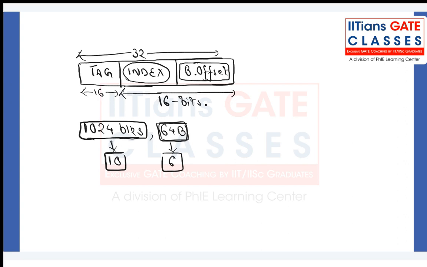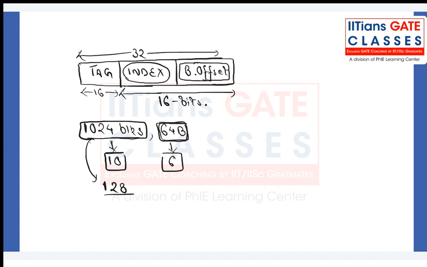Now let's say I make it further and say it is an 8-way set associative cache, which means from 1024, instead of 10 bits, you have to first divide by 8. So 1024 by 8 is 128, right?